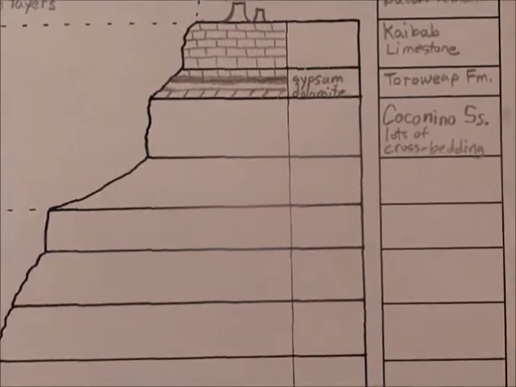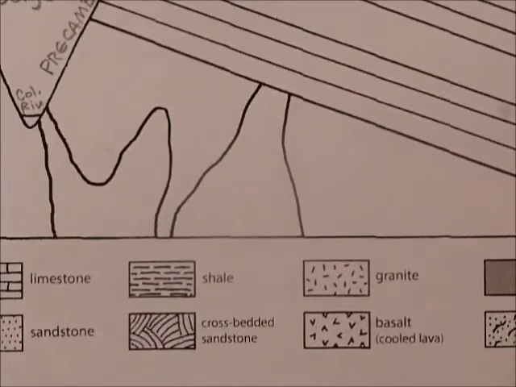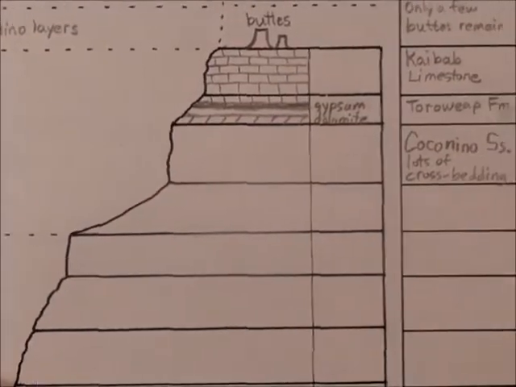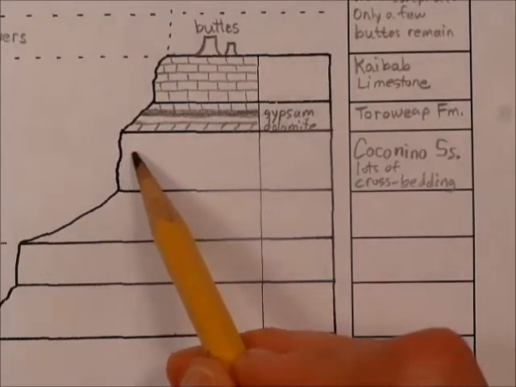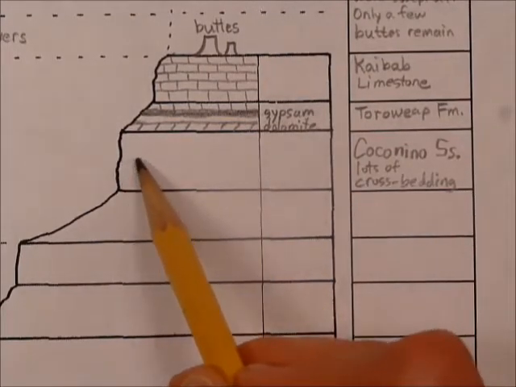Again, cross bedding is where we have these layers going different directions. And here's an easy way to do this. I'm going to imagine this in half, or you could do it in three.